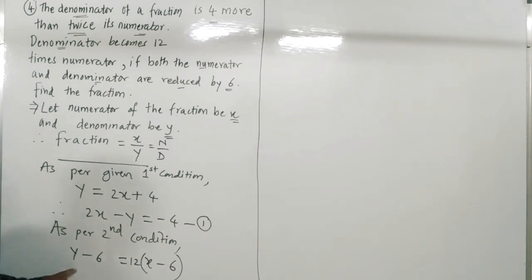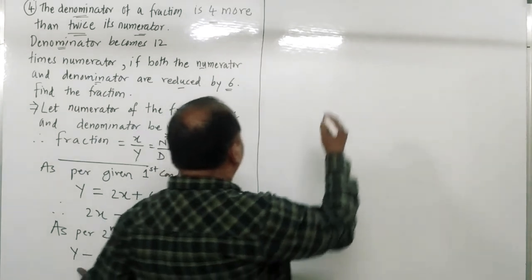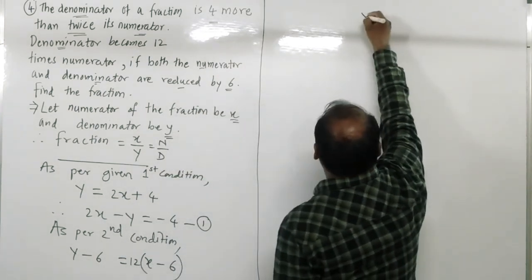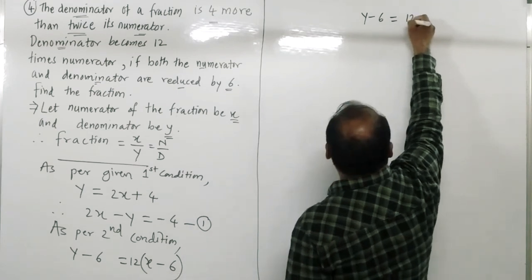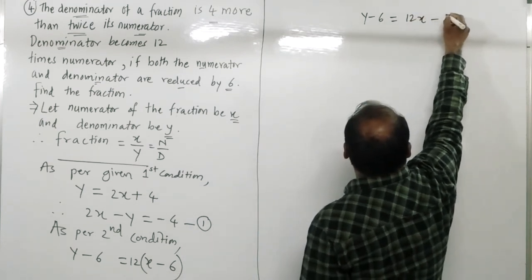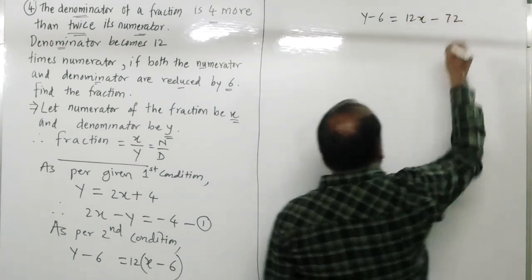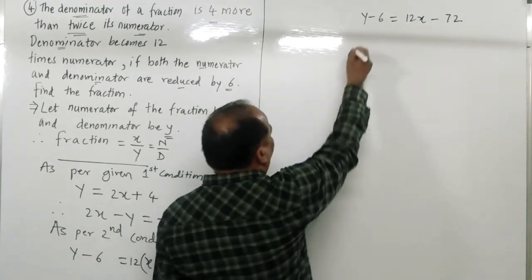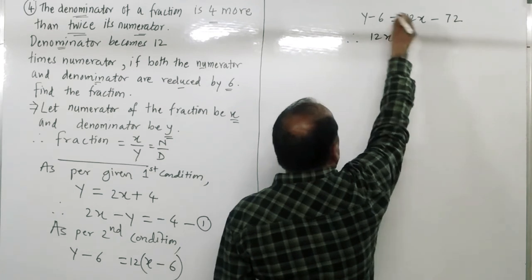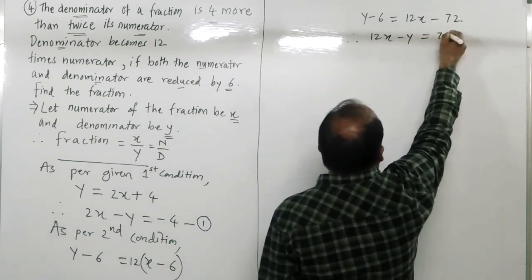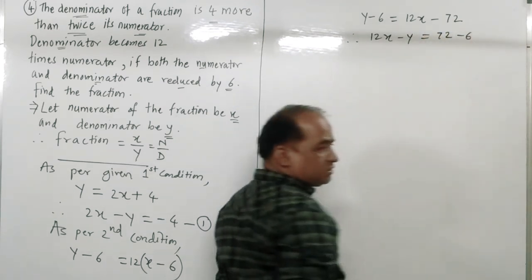So here if you simplify this equation, then we will get y minus 6 is equal to 12 into x minus 12 sixes are 72. Therefore 12x minus y is equal to 72 minus 6.